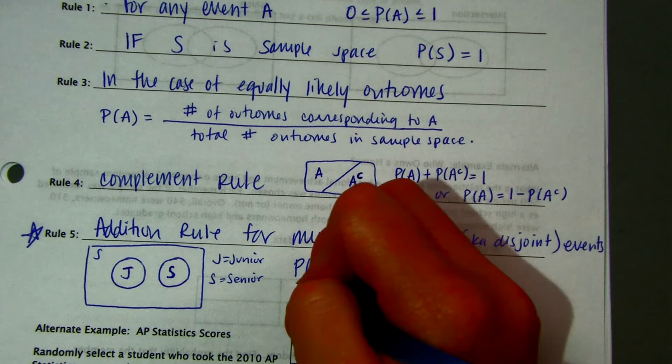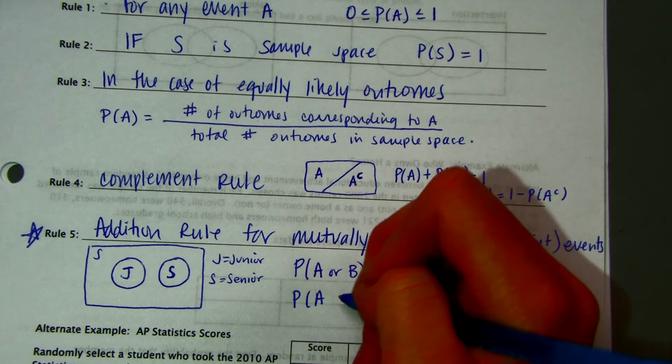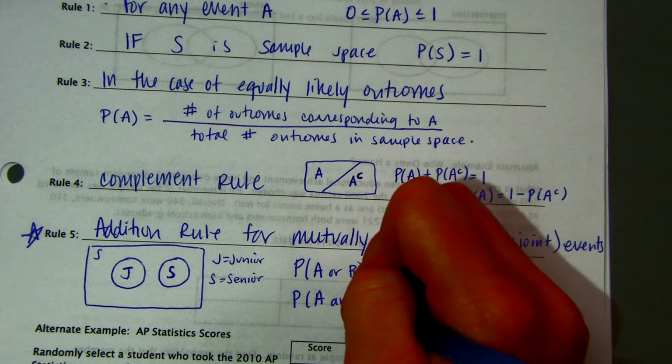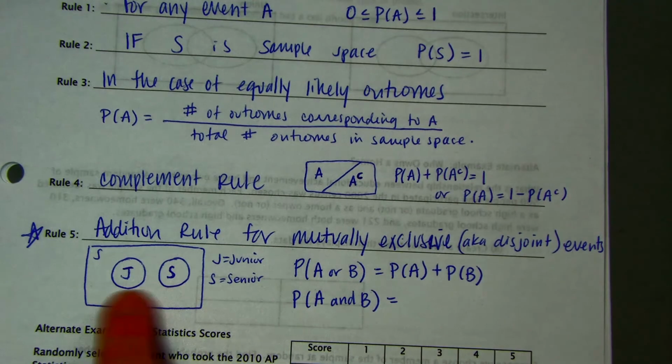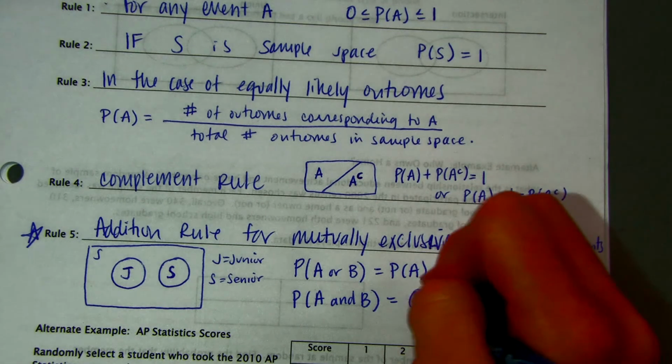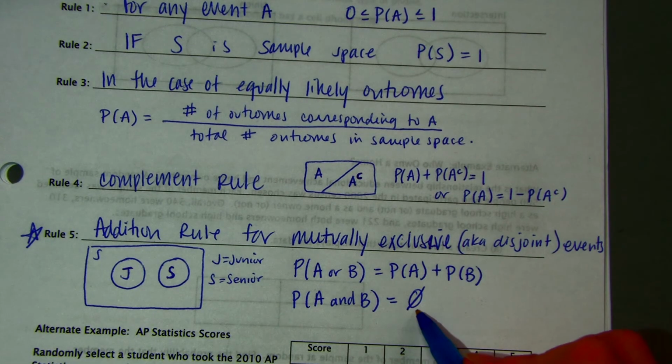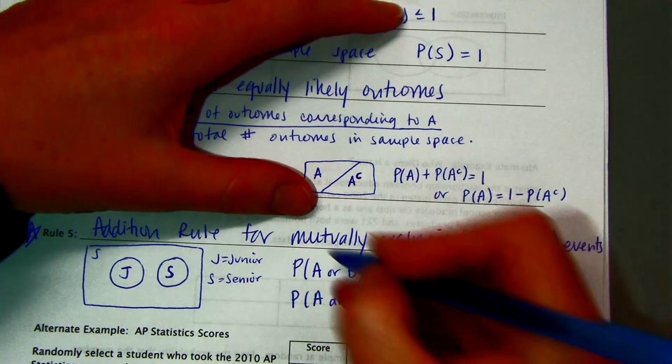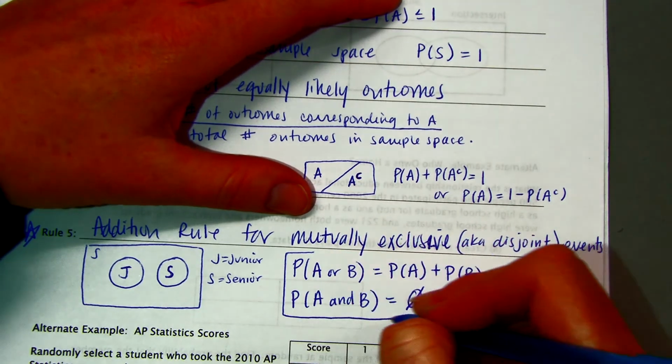So what's also important is, if you are looking at A and B, can I be in both A and B at the same time? And the answer is no. And so that's called the null set, or 0. So these are your first 2 formulas, but you have to be really careful.